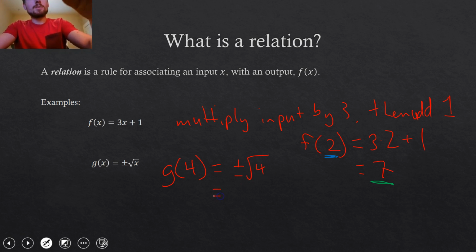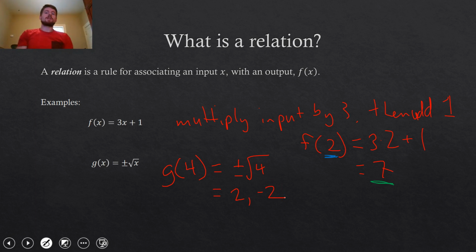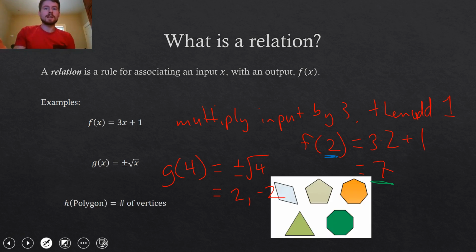And that's giving you 2 answers. So we have 2 and negative 2. So what this is associating is the number 4 in the domain with 2 and negative 2 in the range. So you're seeing that 4 from the inputs is going to 2 and negative 2. So it's going to 2 places.